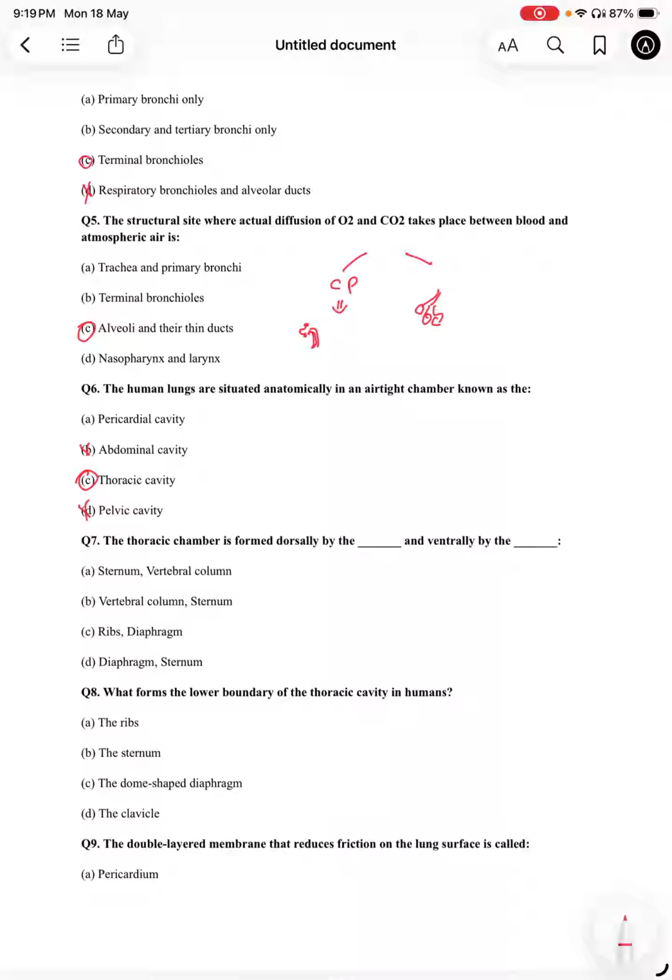Now, the thoracic chamber is formed dorsally and ventrally by what? First thing you need to know is what is dorsal and what is ventral, because we tend to get confused. Dorsal means the back side, and the front side is ventral.